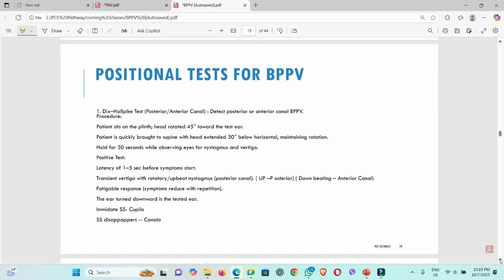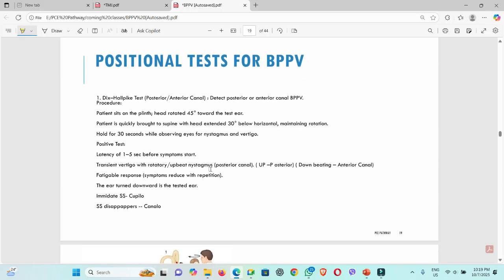Now, positional tests for BPPV. First is the Dix-Hallpike test for the posterior or anterior canal. This test only tests these two canals, not the horizontal one. Procedure: the patient sits on a plinth, head rotated 45 degrees to the test ear.